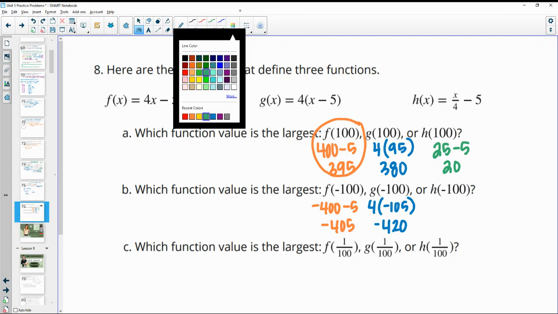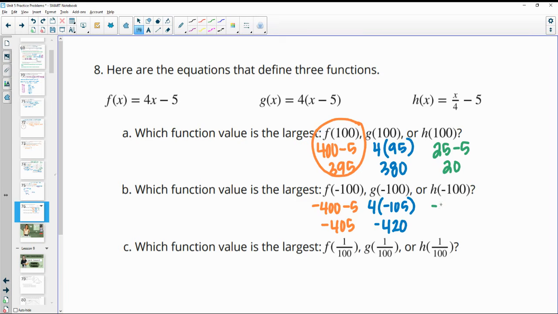And then h, we're going to be at negative 25 minus 5, which gives us negative 30. The number that's largest is the one closest to 0. Well, furthest to the right on the number line, and that's negative 30. So negative 30 is our largest.